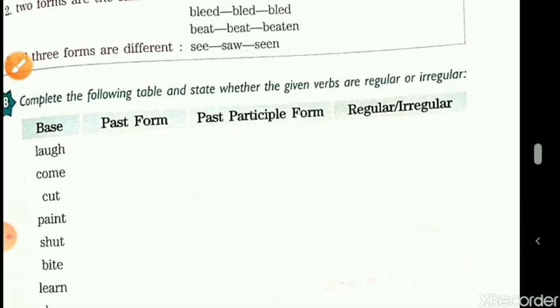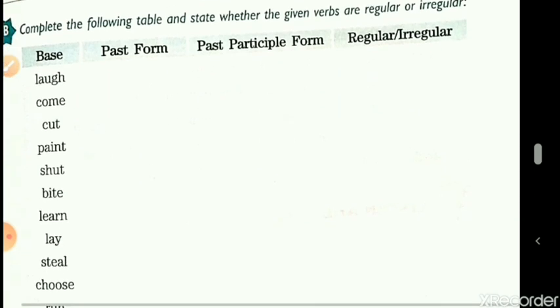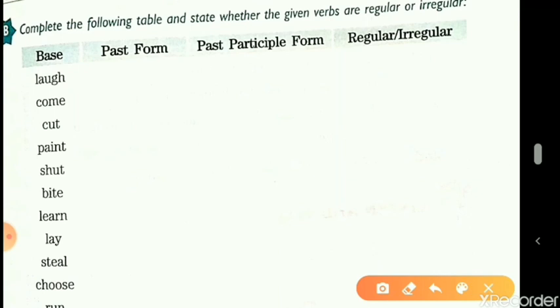Students, now we need to write the past form and past participle form and also tell whether the verbs are regular or irregular. Students, the first word is laugh. The past form of laugh is laughed, L-A-U-G-H-E-D. The past participle is also laughed.